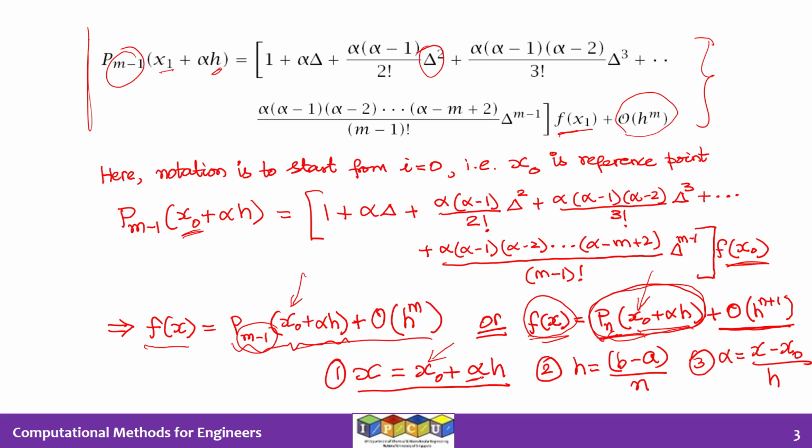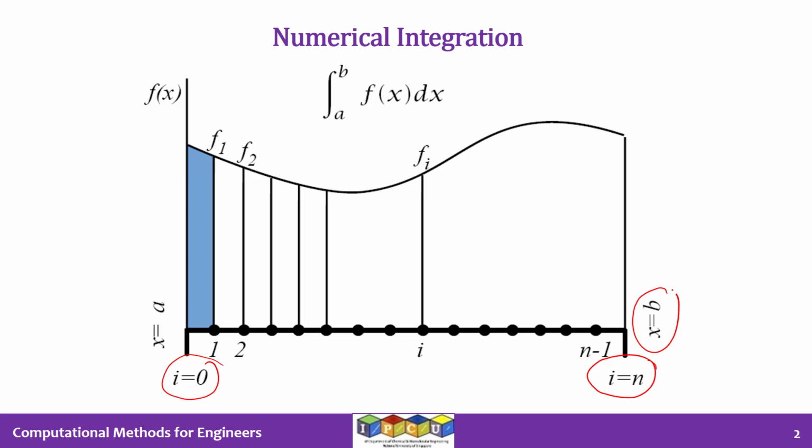The other point I want to make is that h we can write as b minus a divided by n. So the step size can be found assuming that the points are equally spaced. We know the upper limit of x is b and the lower limit of x is a, the domain over which you want to integrate the function.